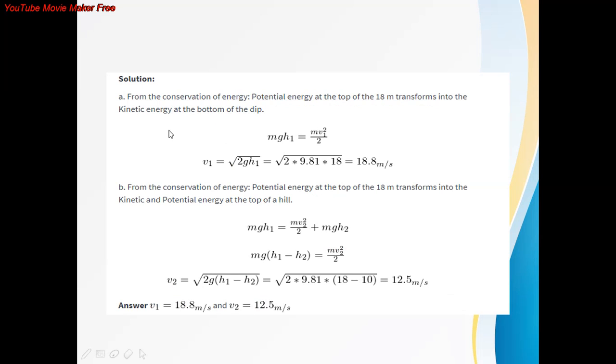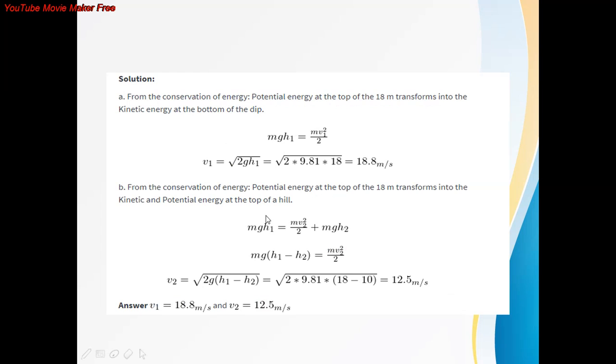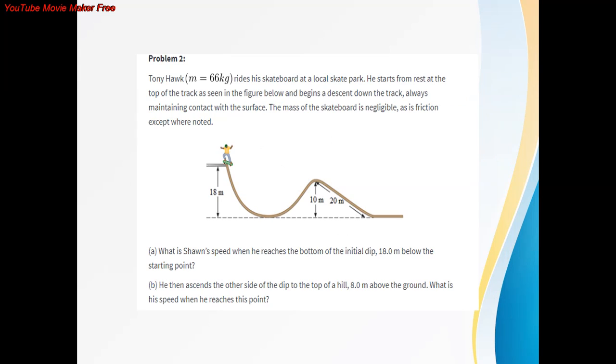First of all, we find out the velocity when the person reaches this end. From the conservation of energy, this person is here, so there would be potential energy, and finally when he reaches this point, it would be kinetic energy.